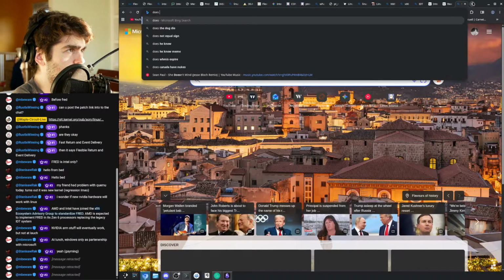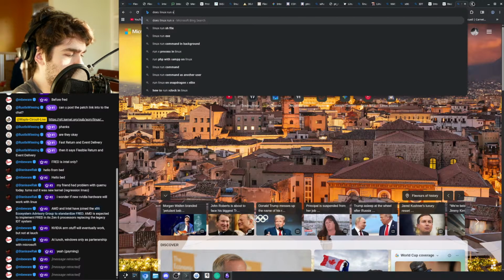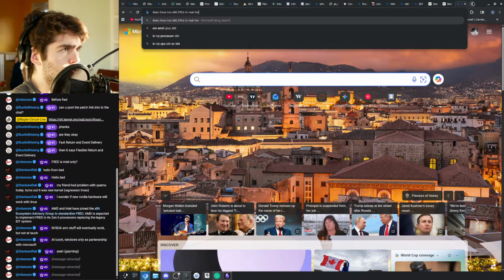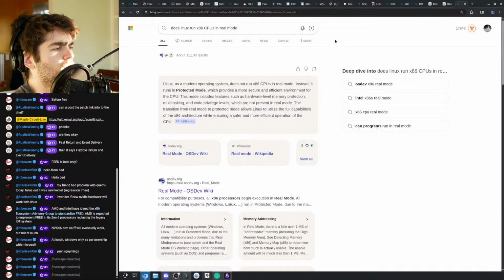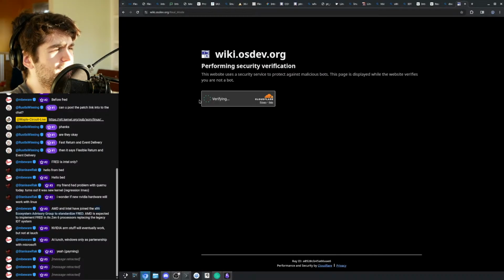Does Linux run x86 CPUs in real mode? Protected mode. Isn't protected mode limited in memory?